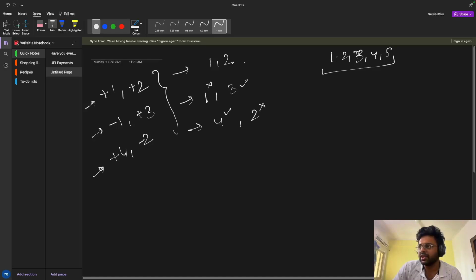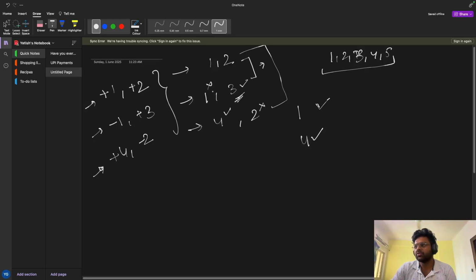So if I consider topping 1, and let's also consider topping 4, then since we are considering topping 1, we have to consider topping 3 for the second person, and that wish is fulfilled.